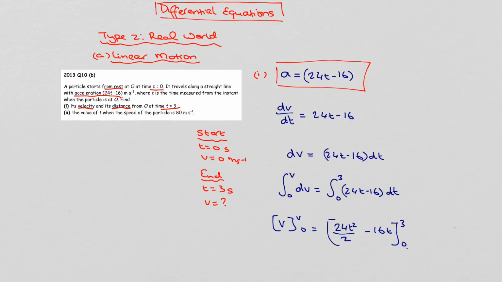Okay, so subbing in our limits then, that gives us v minus 0 on the left, and on the right, 24 divided by 2 is going to be 12t squared, where of course t for the upper limit is 3, minus 16 times 3, and then our lower limit is 0, so if I sub in 0 there, my t's are just going to give me 0.